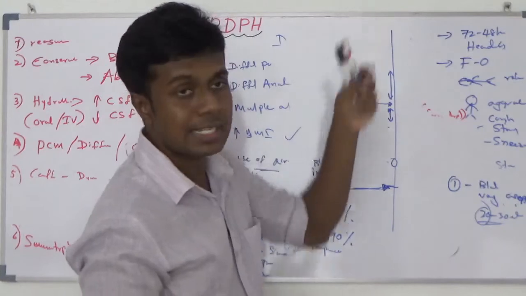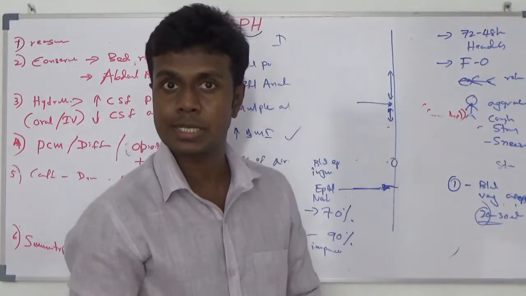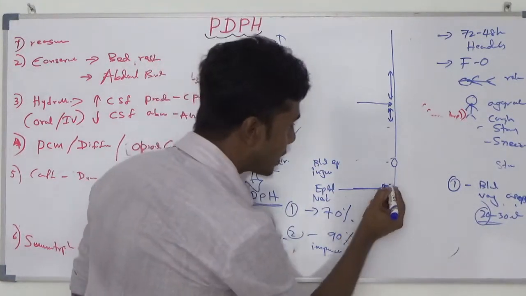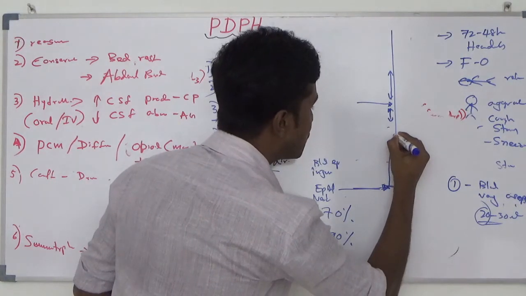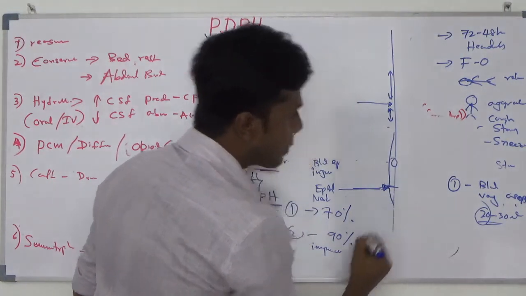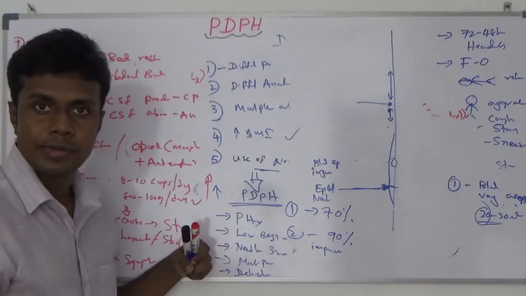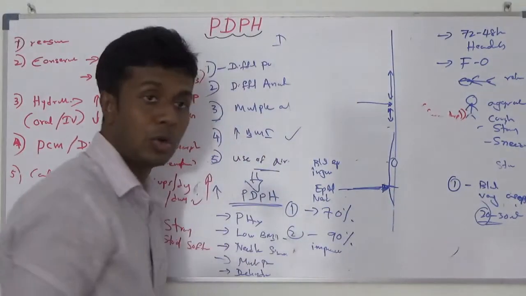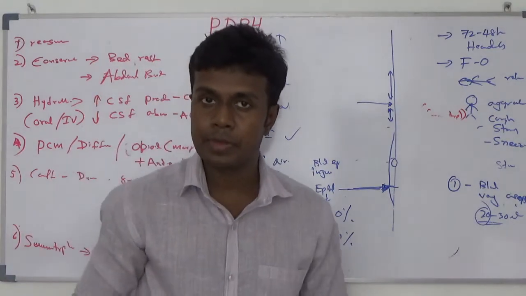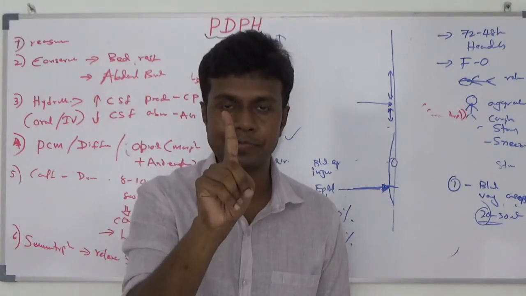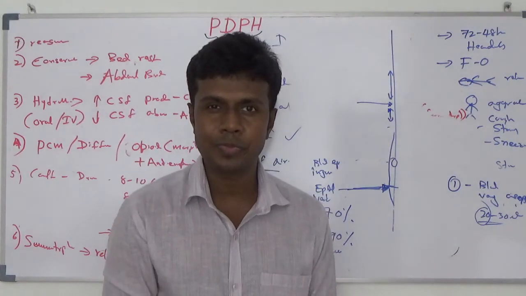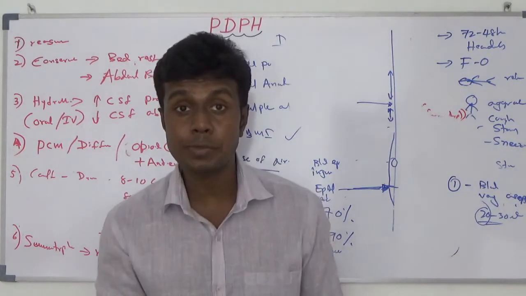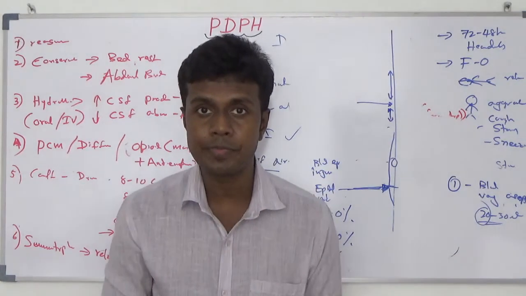The upper one is loosely attached, the lower one is tightly attached. So that is why we usually give it one space below the puncture site. With one blood patch, 70% of them improve then and there. With two blood patches, 90% of them improve.